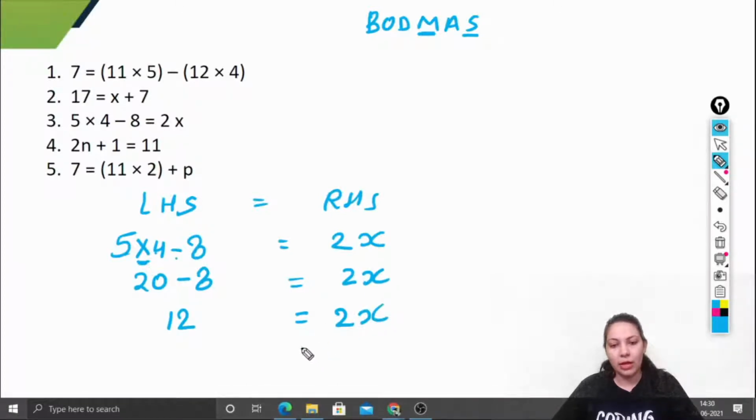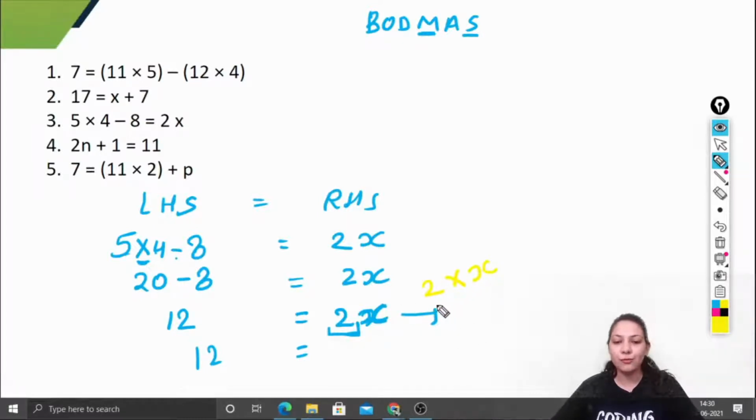Again, I have to shift this coefficient. We understood the meaning of coefficient in the previous session. So here is the coefficient. We have to shift it so that we can make our x individual, not depending on any term, and we can calculate the value of x. So I have to move this 2 to the other side of the equality, and then the sign will change. Here you can see the 2x is given in multiplication.